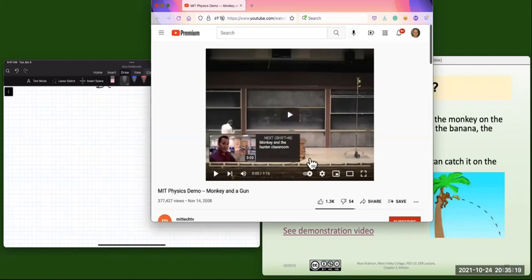So let's look at it. We have a little monkey here that is held on top by some magnet. And the wire comes down here to this little gun that shoots a plastic bullet.